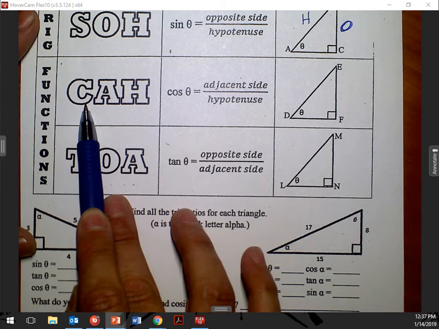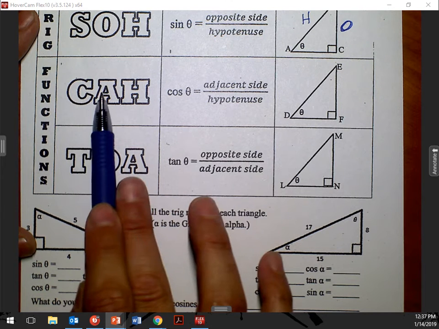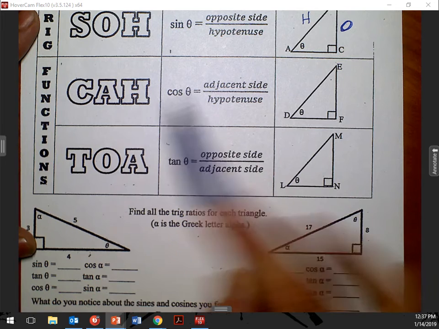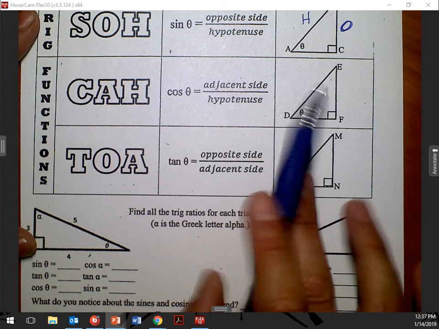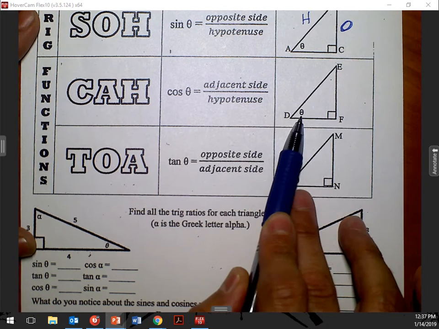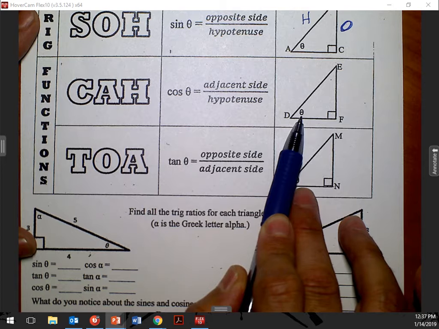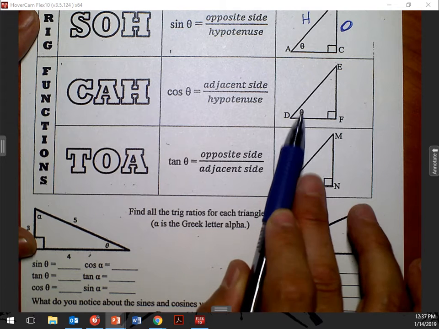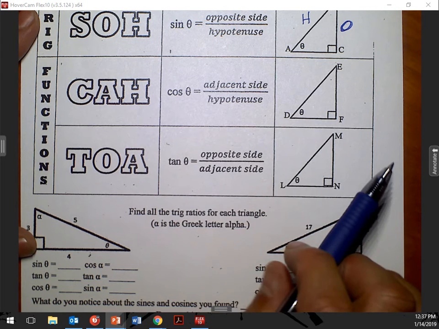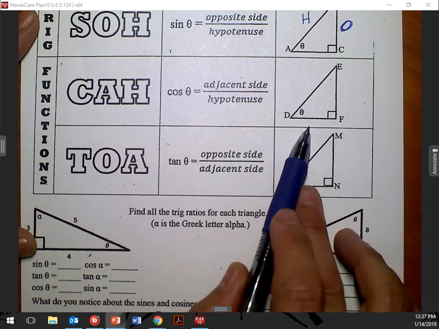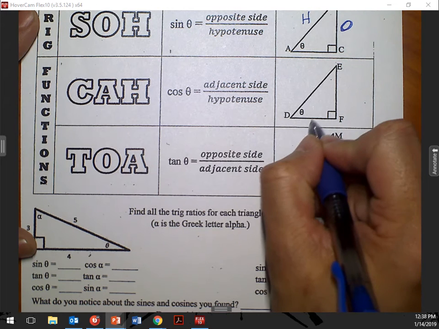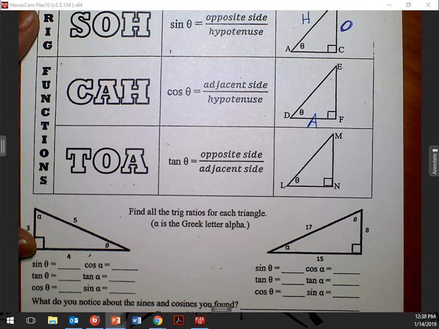Stop. Okay. This next one is cosine. Cosine is going to be adjacent over hypotenuse. So from my theta, which one is going to be adjacent on this one? DF. So I'm going to put an A right there.